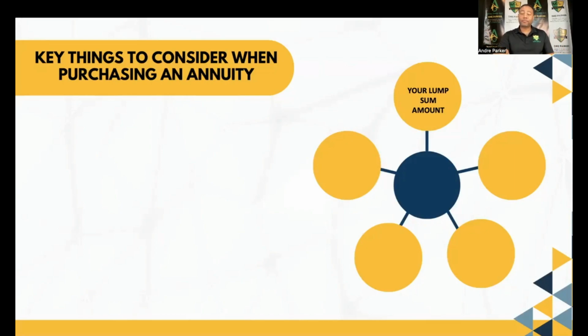What's the amount? The next thing is, is it qualified money or non-qualified? Is it sitting in a 401k or some type of retirement account that I need to roll over to an annuity? Or is it sitting in my bank account, not gaining much interest, and I want to take advantage of some of the benefits of an annuity?